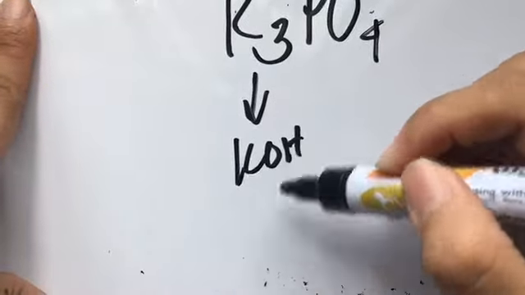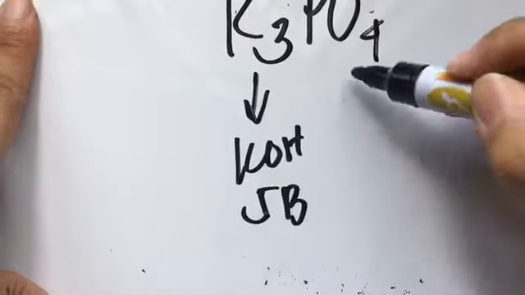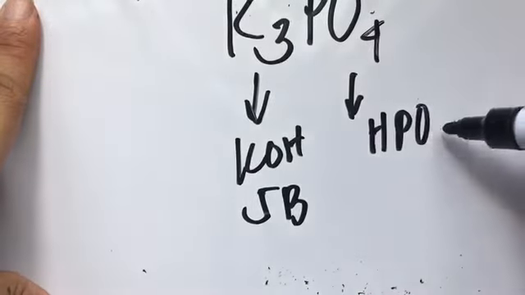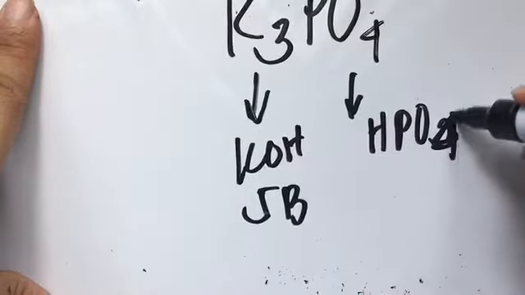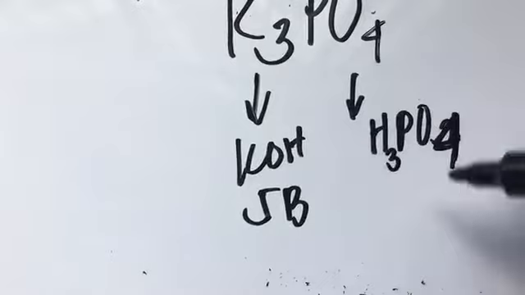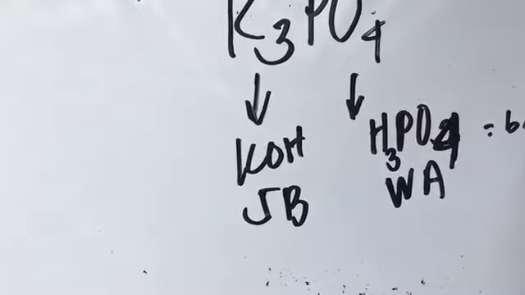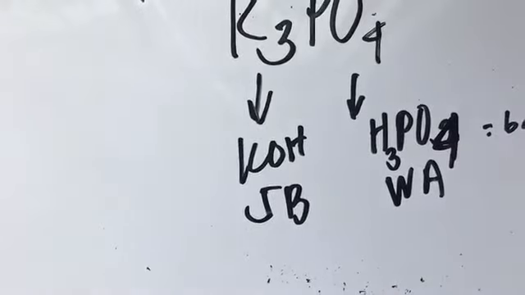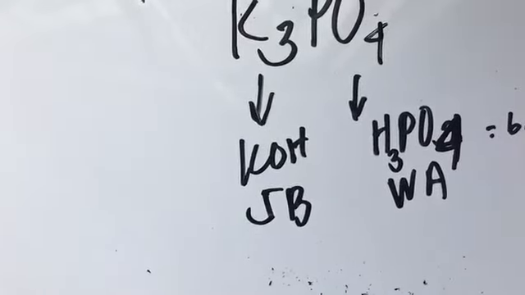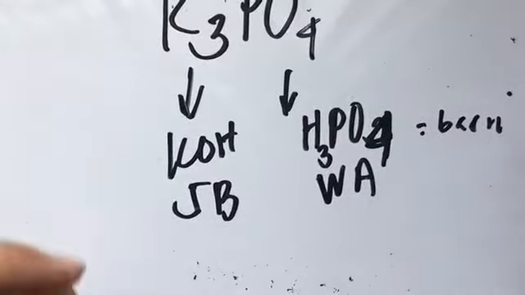Potassium came from potassium hydroxide, which is a strong base, and phosphate came from phosphoric acid, which is a weak acid. So our solution will be basic.